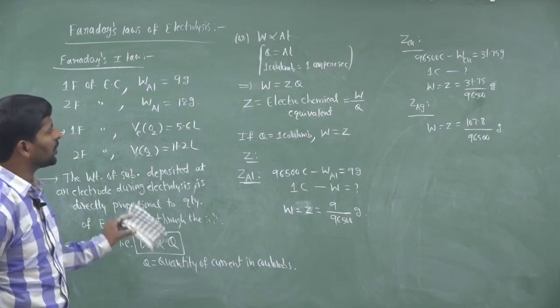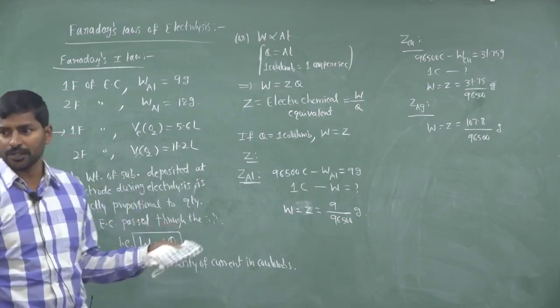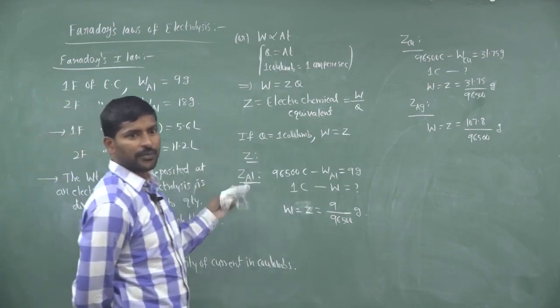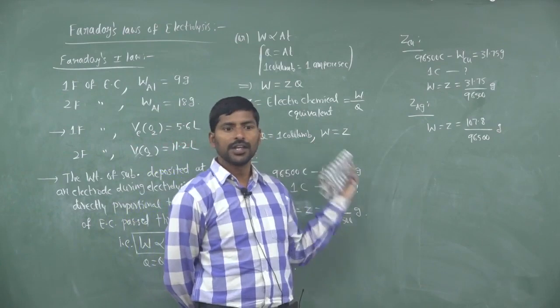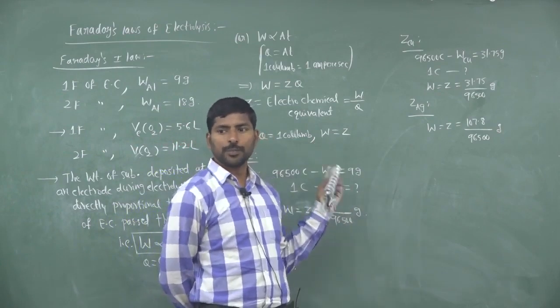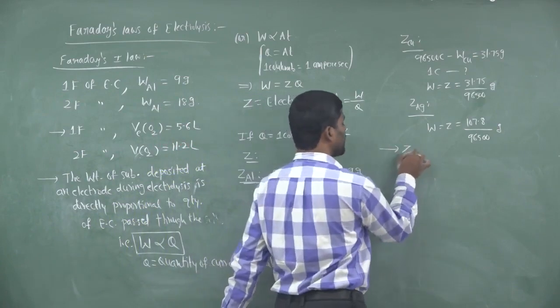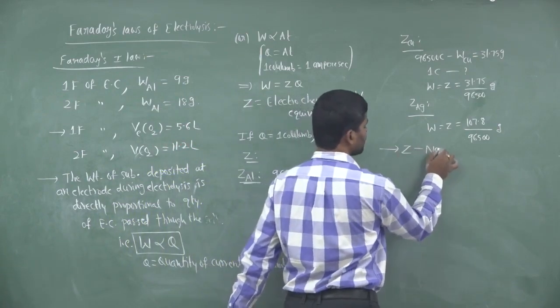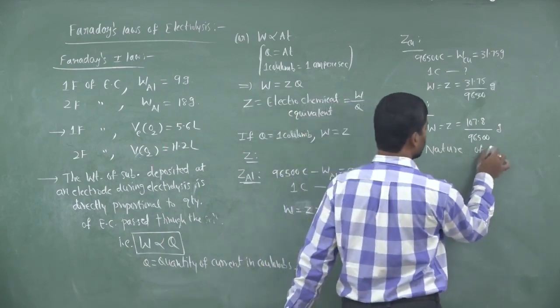So, is the Z value the same for all substances, or different for different substances? Z value is different for different substances. So, Z is said to be a characteristic of a given substance. Write that point: Z value depends on nature of substance.